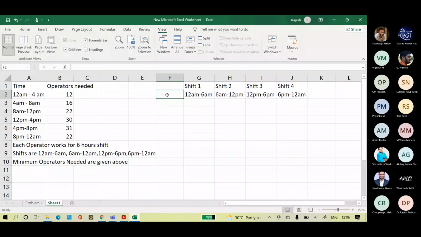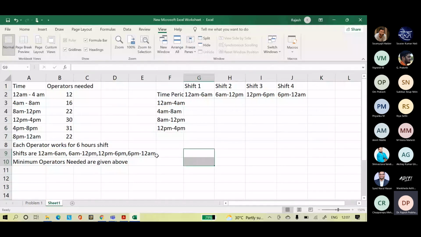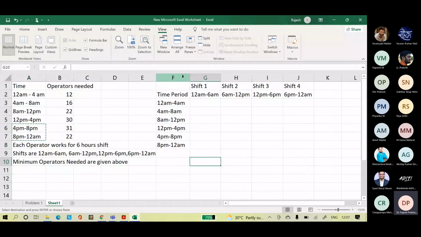So time periods are 12 a.m. to 4 a.m., 4 a.m. to 8 a.m., 8 a.m. to 12 p.m. Then you can copy paste. Yeah, 4 p.m. to 12, right?